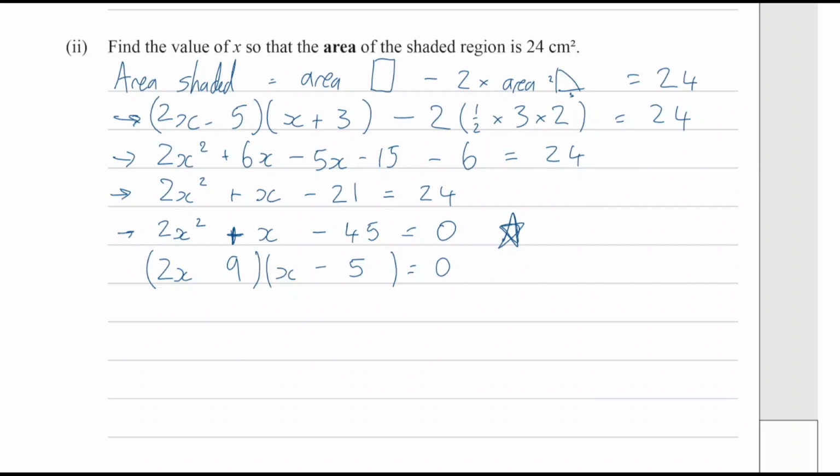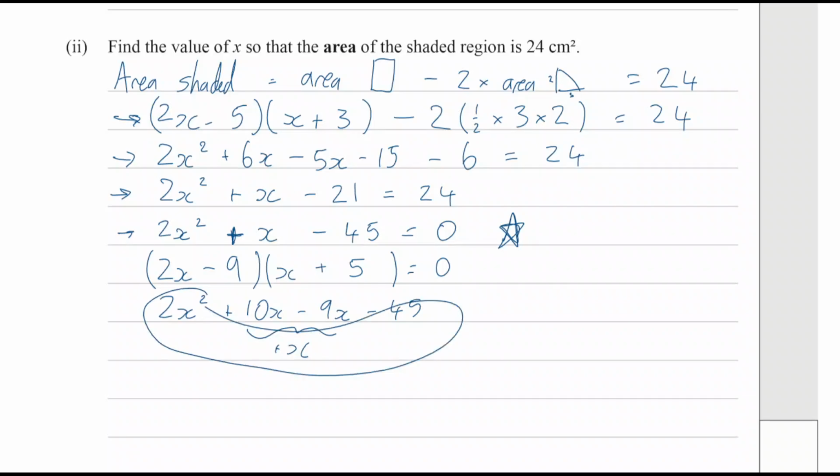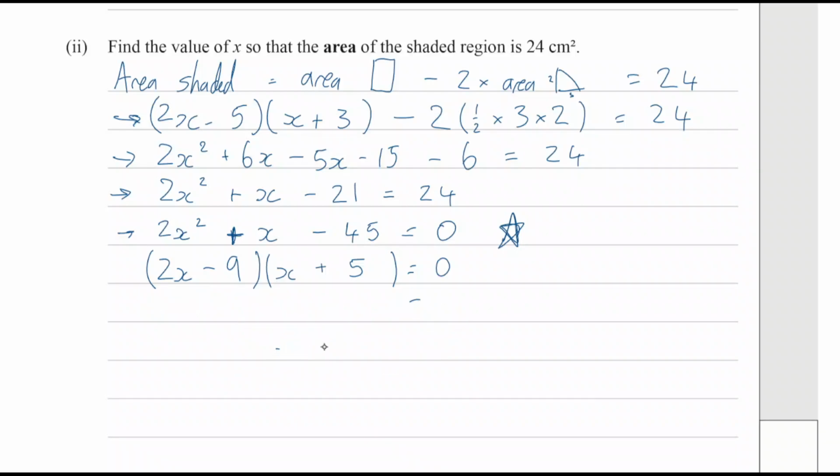So instead of plus 9, minus 9, instead of minus 5, plus 5. Now when we expand this out, and then combine these, that becomes plus x. So yeah, that works. So always double check your factorizing by expanding it, because expanding is the opposite of factorizing.